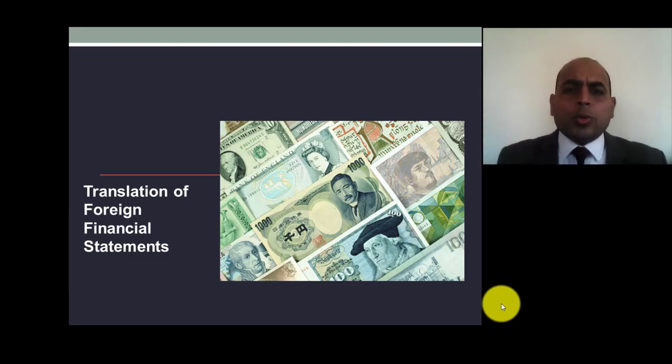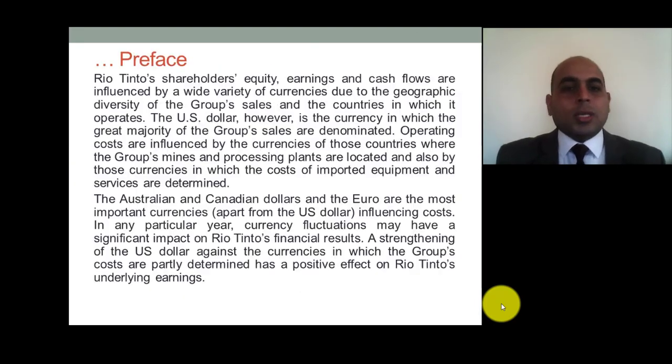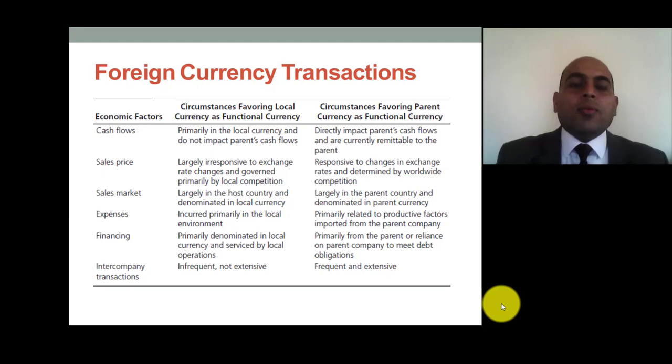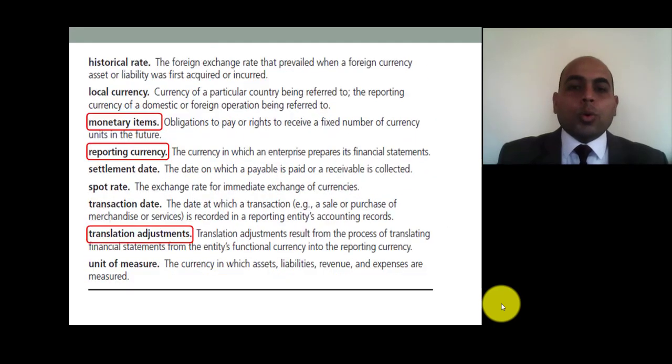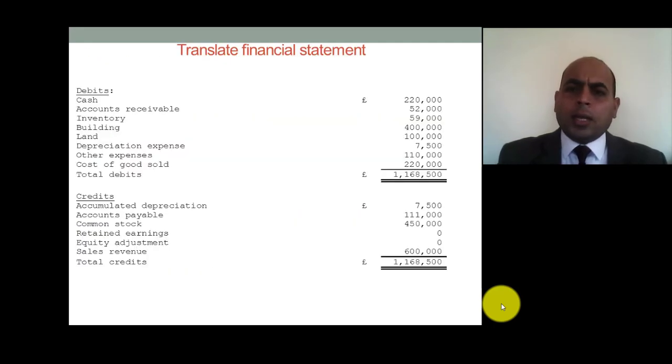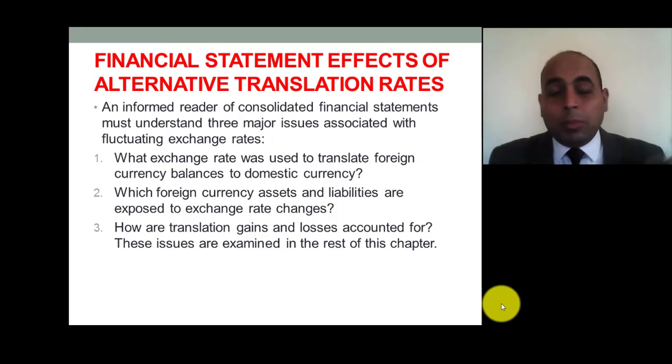Equity is translated by the historical exchange rate. Also, you have to figure out the components of retained earnings to remeasure it.